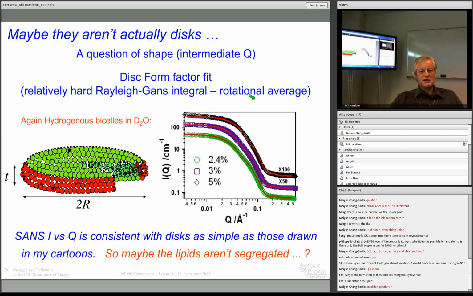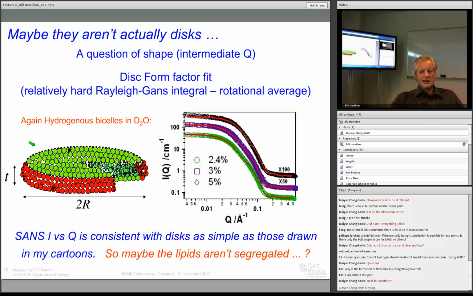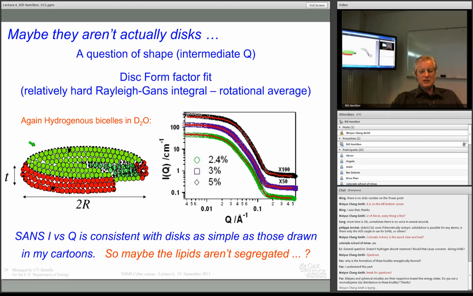And we rotationally average the scattering pattern. And what we get, as we change the concentration, and assuming this disk-like model, is a pretty good set of fits that indicate that they are disks. And they're pretty much as simple as the one drawn in my cartoons here.